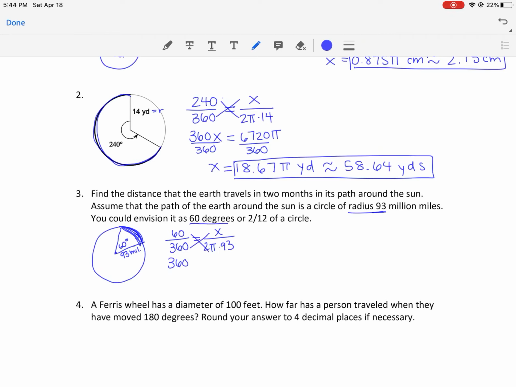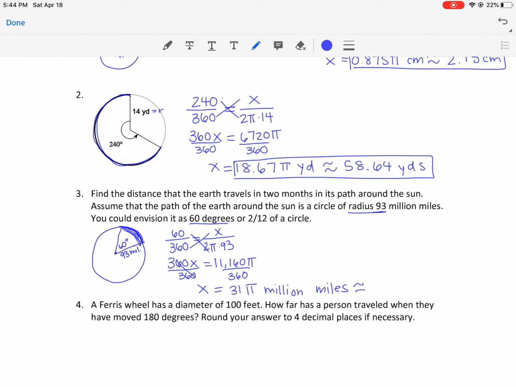Do your cross multiplying, we get 360x equals 2 times 93 times 60 is equivalent to 11,160 pi. Divide both sides by 360. And we get that x equals 31 pi. In this case, that's million miles.